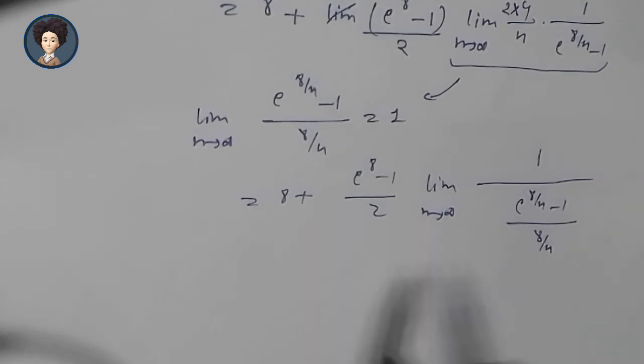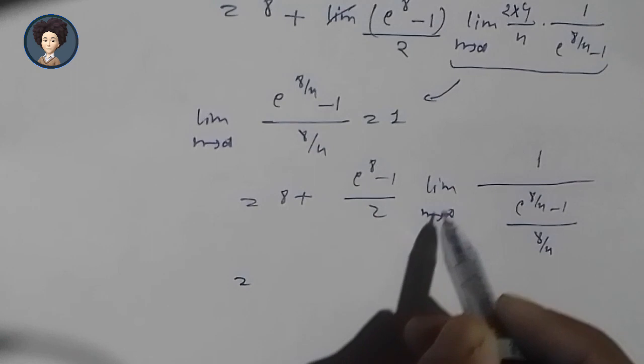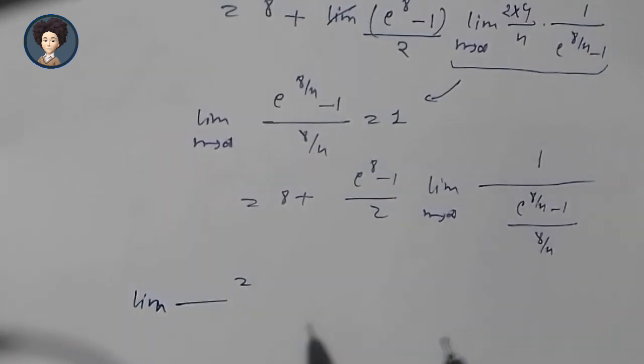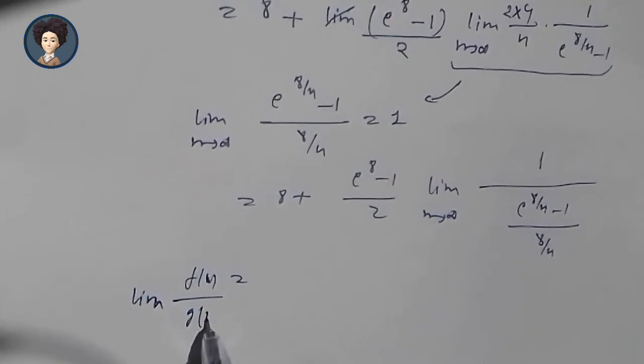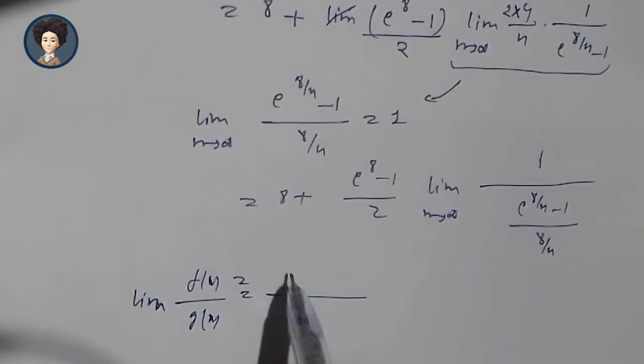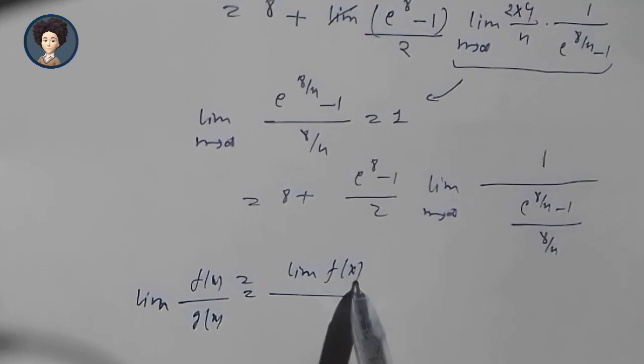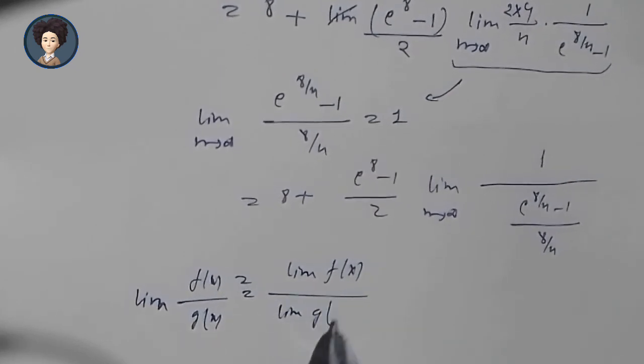Yeah. And so this is a simple one, and since we have to take the limit of this, we know that if we take the limit of fractions like f of x and g of x, then we could write this as limit f of x divided by limit g of x.